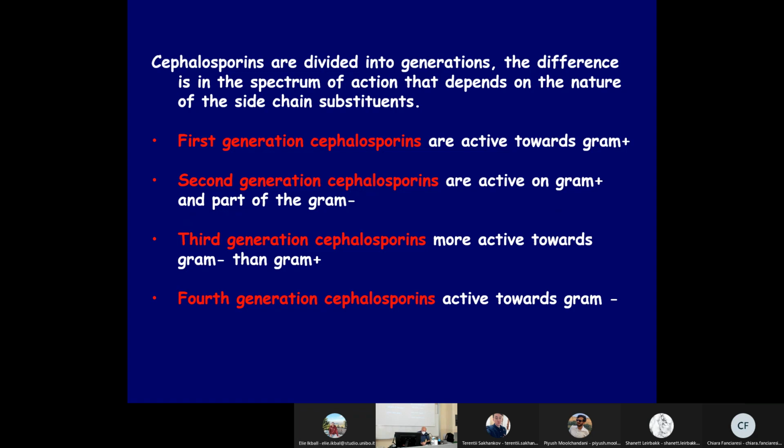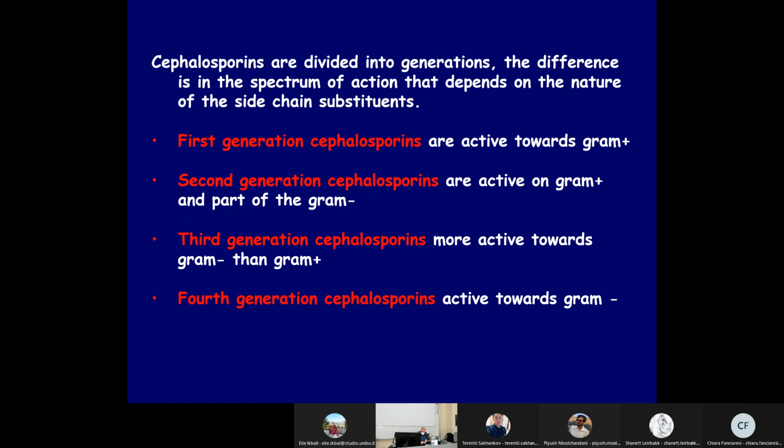We have seen for penicillins different classes characterized by different modifications of the chemical structure. Here, in the case of cephalosporins, we have different generations.